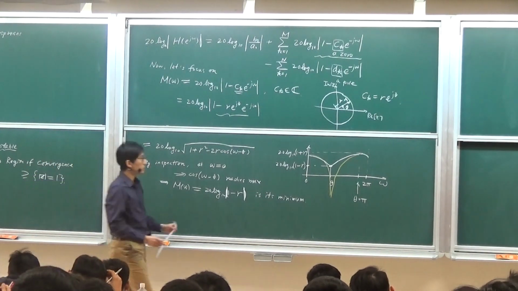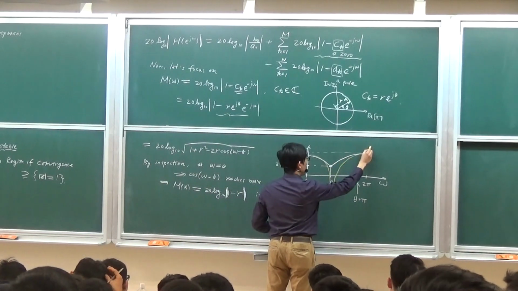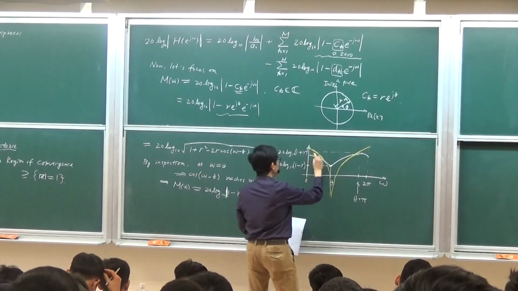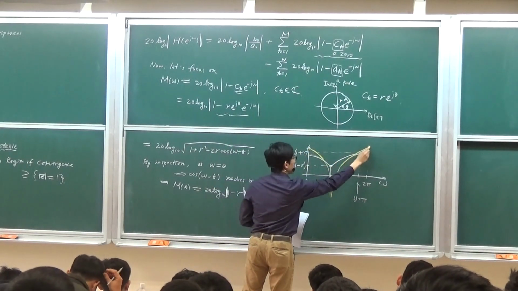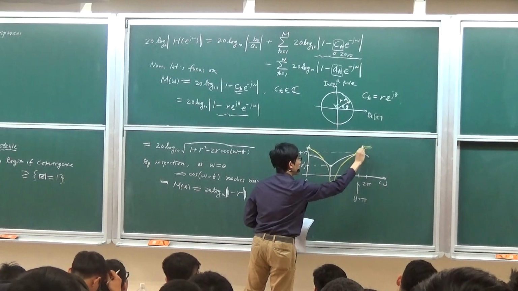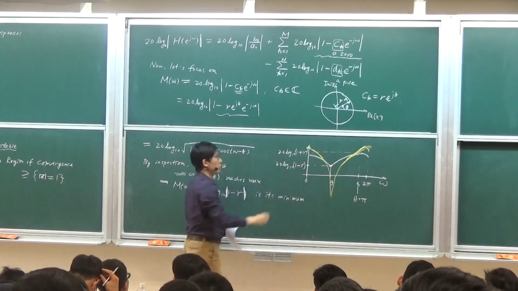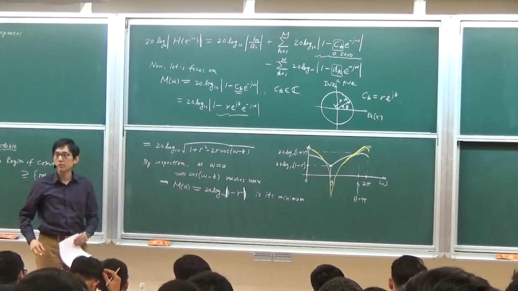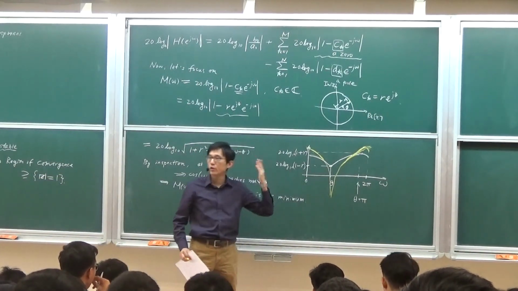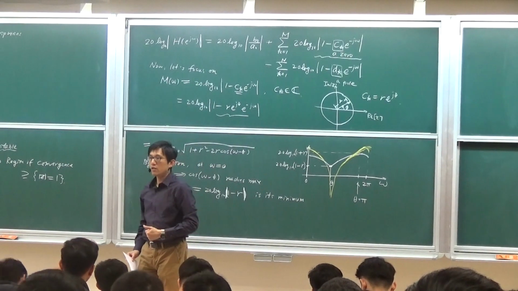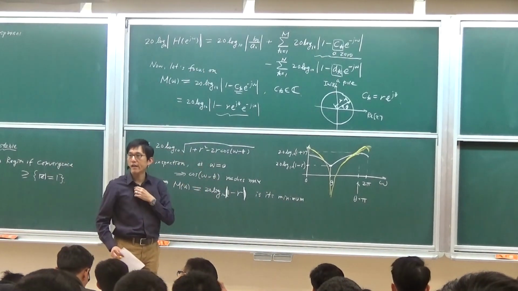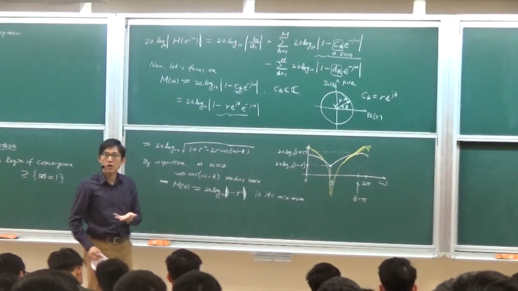Of course, by increasing r toward 1, the maximum gain there can approach 20 log 10 of 2. Not very interesting. But what's more interesting is that by placing a zero at a frequency, we can reduce the gain at that frequency. This is a very useful concept.